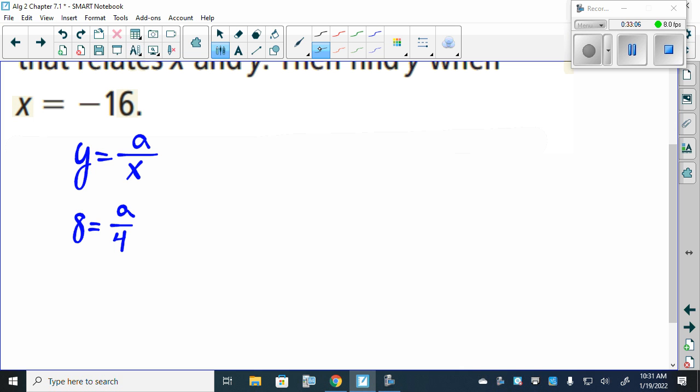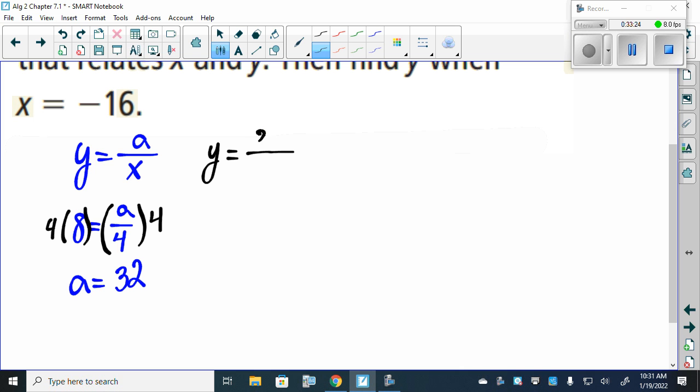Well, to find the value of a, we can do what? Multiply both sides by 4, which tells me a is 32. So our equation for this here is telling us that y is equal to 32 divided by x.